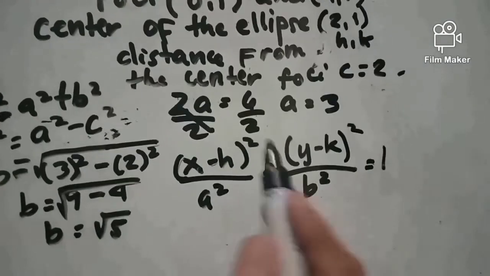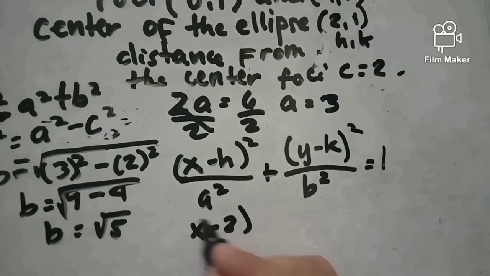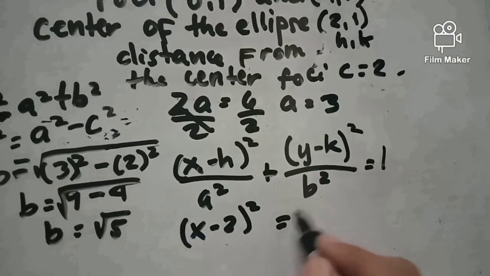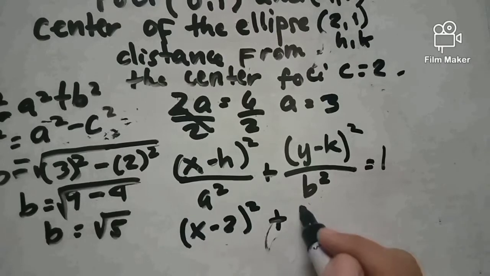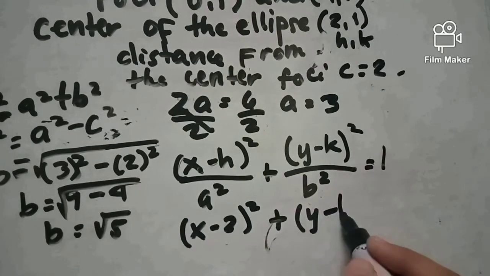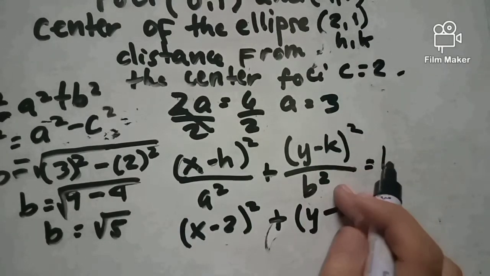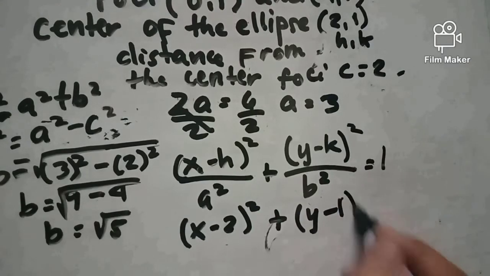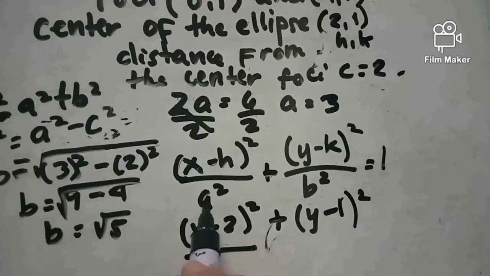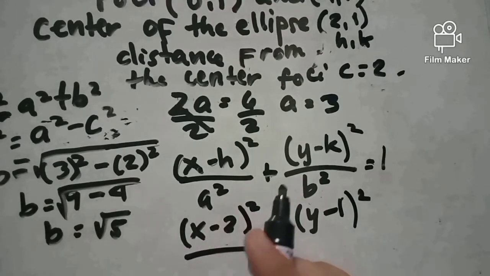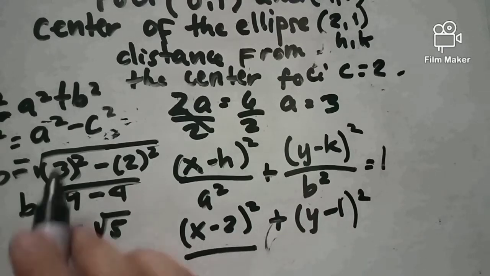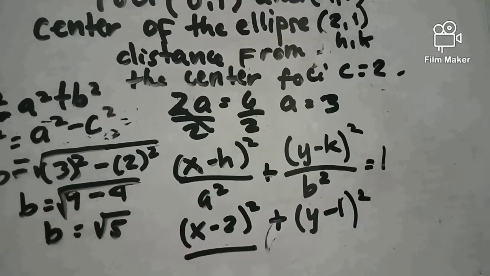So, ito, (X minus 2) squared plus (Y minus 1) squared. Meron tayong A squared, which is 9, tandaan nyo kasi 3 squared naging 9.